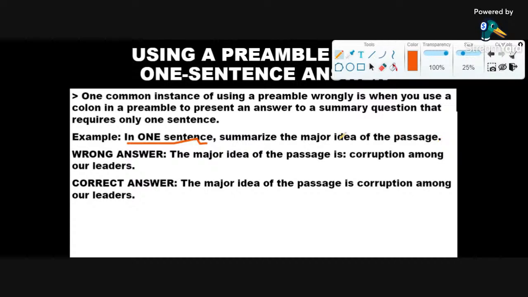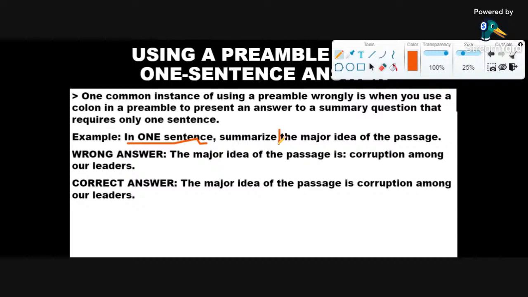What a preamble does is that it takes the examiner's question and reconstructs it into a vehicle that presents the answer. That's what a preamble does. So you reconstruct it and begin here. That's what every preamble does.